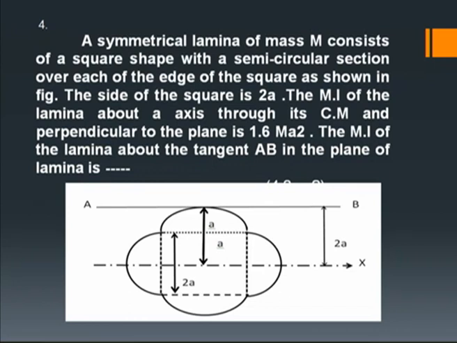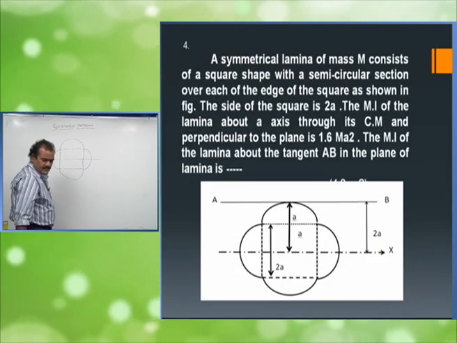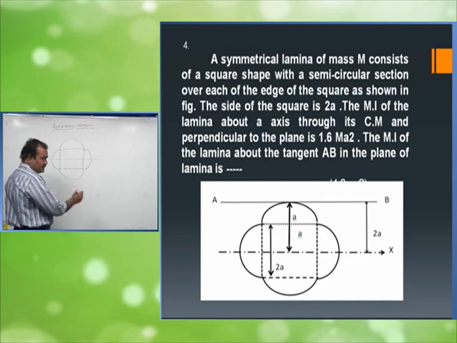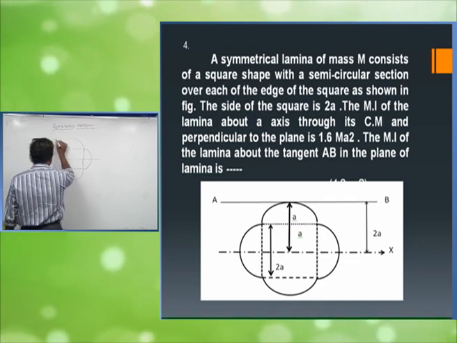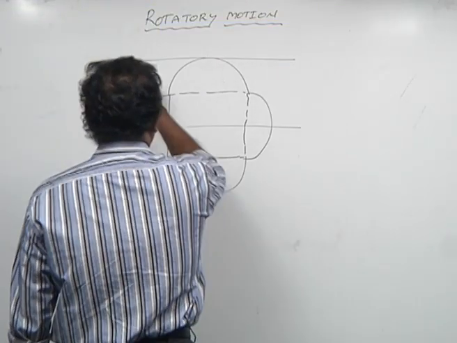That figure is nothing but a square here, and thereafter squares around it, symmetrical laminas. Next, here an axis is passing like this, and another axis is also there, which is taken as AB.